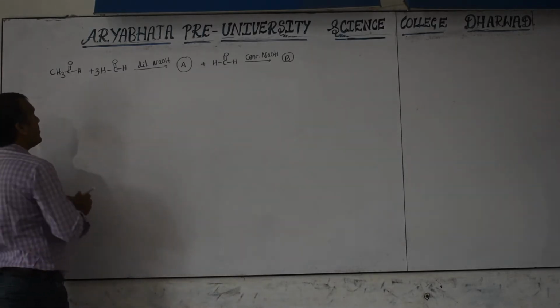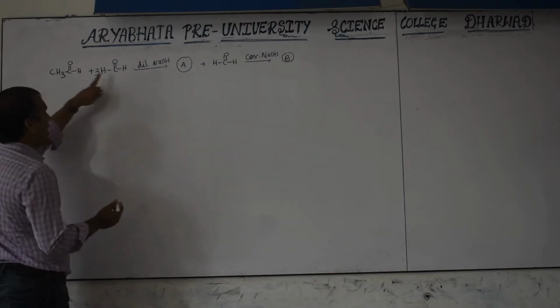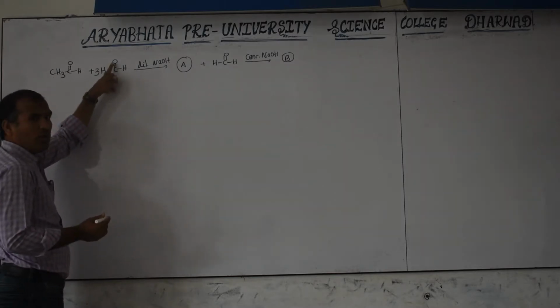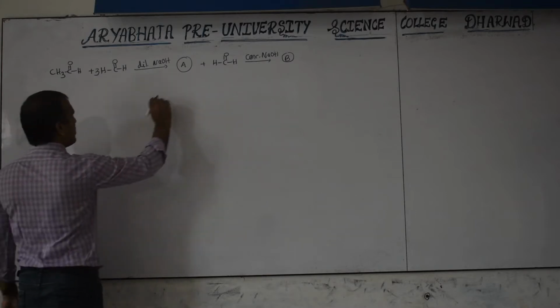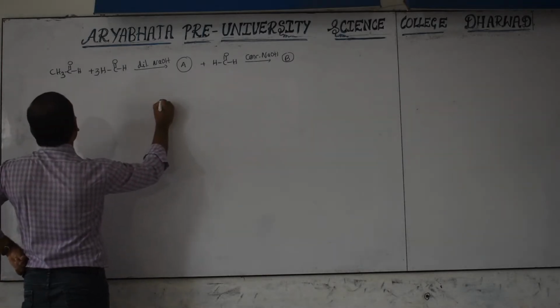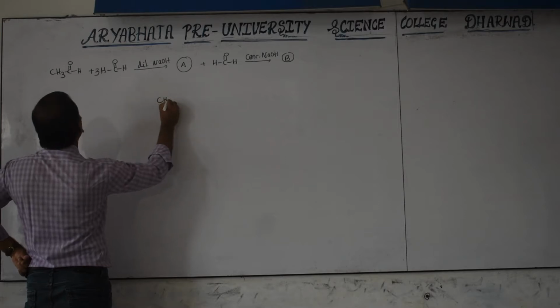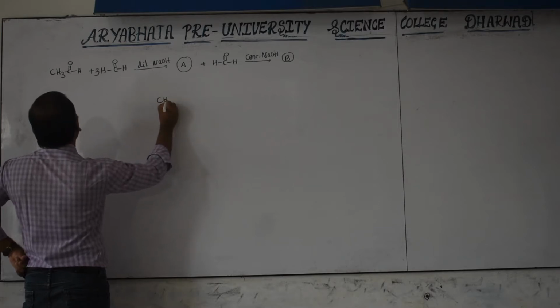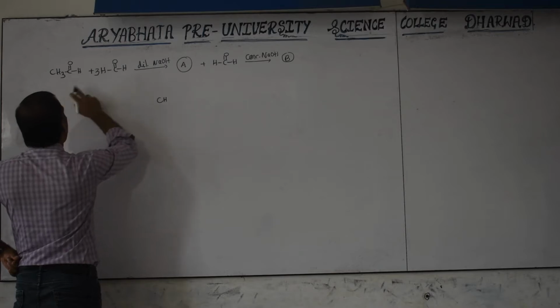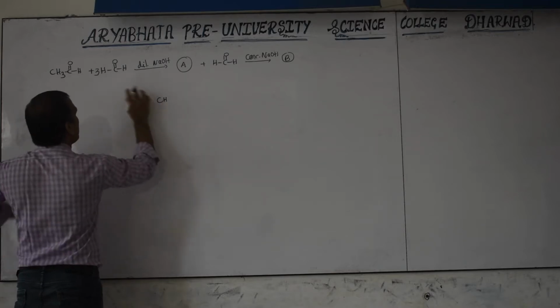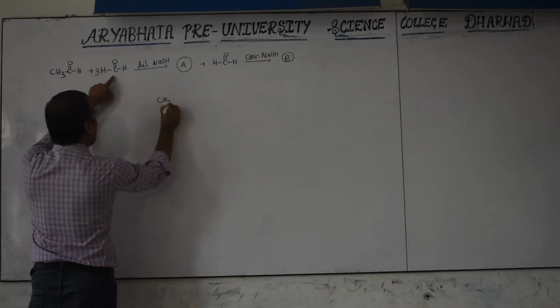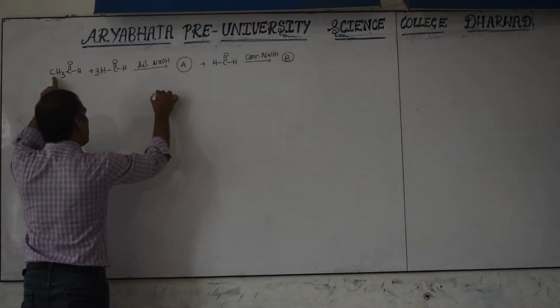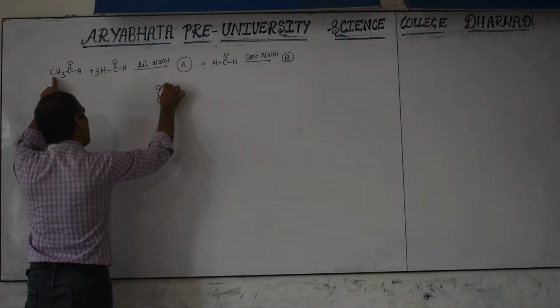I am writing here: one of the hydrogens is added to this O. Then it becomes OH. Then this will be converted into CH2, CH2, this O and one hydrogen, OH.